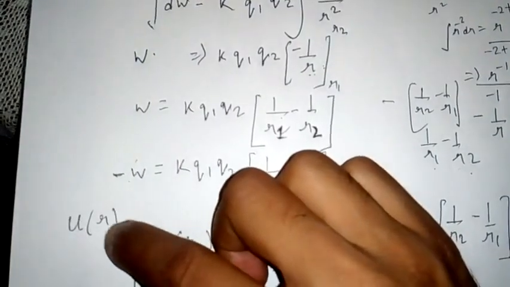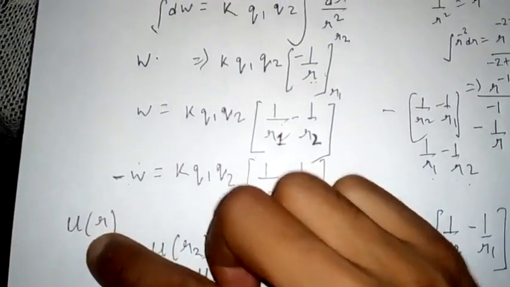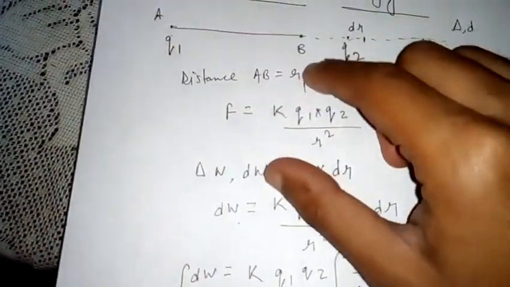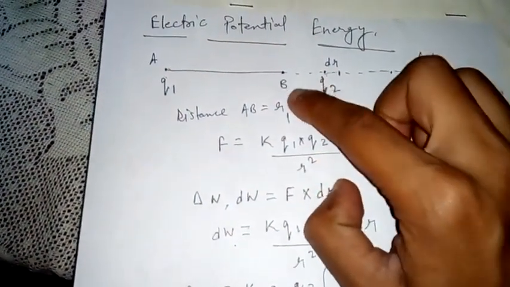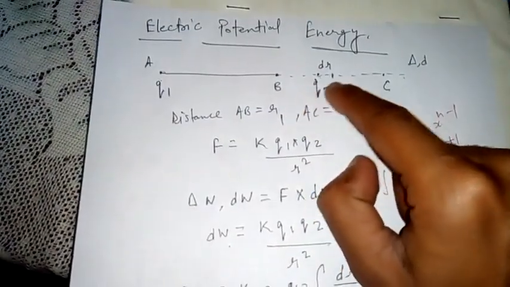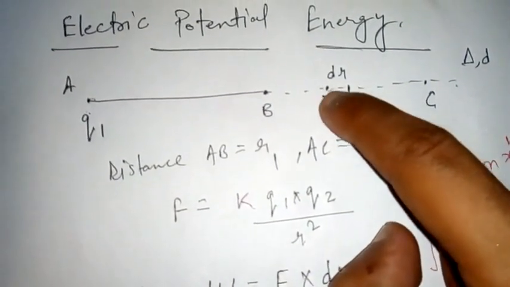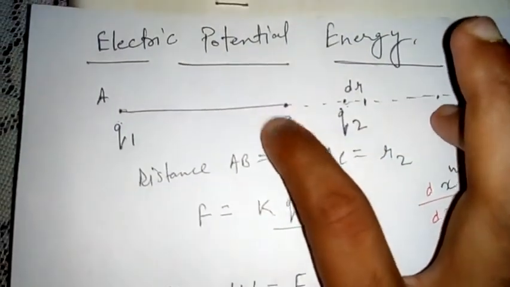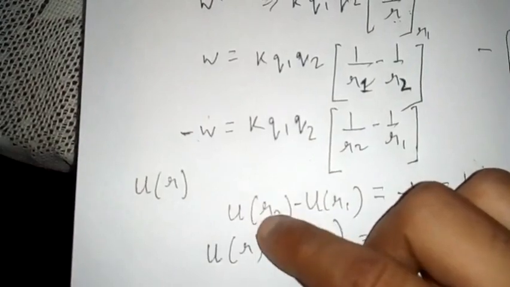So we write change in electric potential energy as U. If I move this, this is fixed, we are not doing anything to q1, we're only moving q2 from point B to C. Once we found out how much work is done in moving this much amount, we'll find how much work will be done in moving it from point B to C. In this scenario, you can write the change in potential energy as U of r2 minus U of r1, r1 being your initial position from where you started moving the charge, and r2 the position where you will keep the charge afterwards.